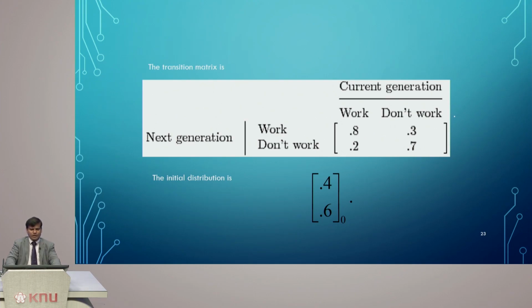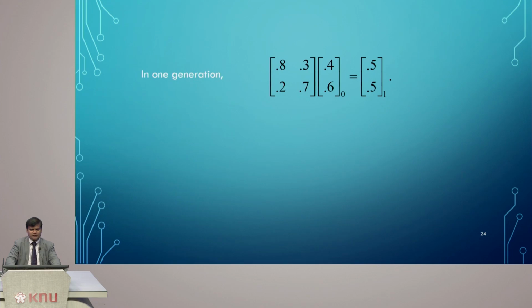What we are going to do here is simply take the transition matrix and the initial distribution, and multiply these two matrices. Upon multiplication, you come up with 0.5 and 0.5 as a column matrix. That gives you the information for the first generation.